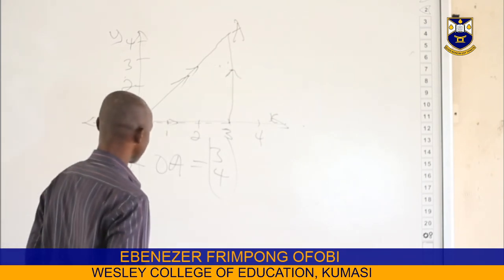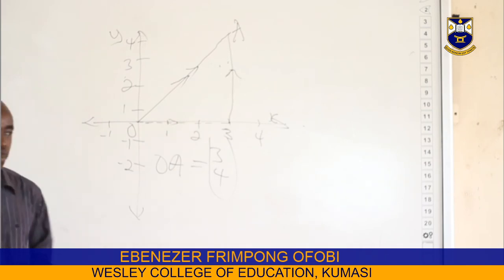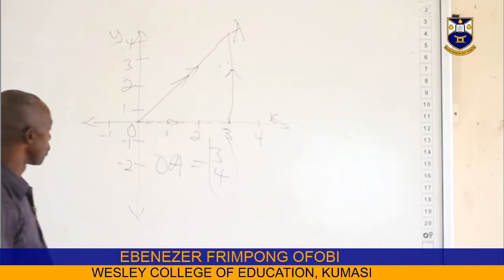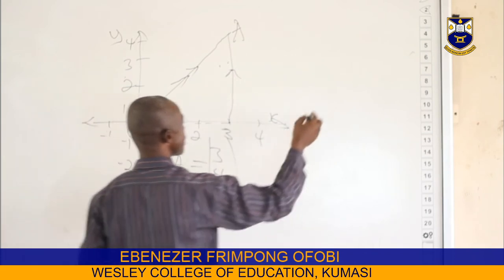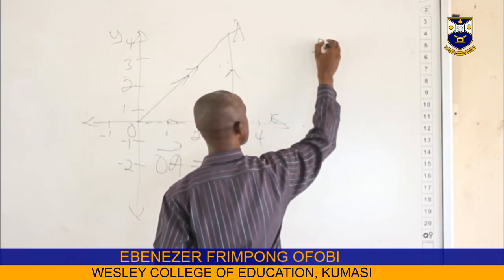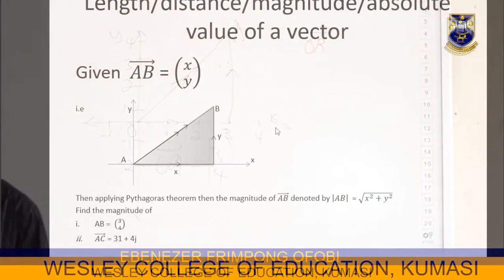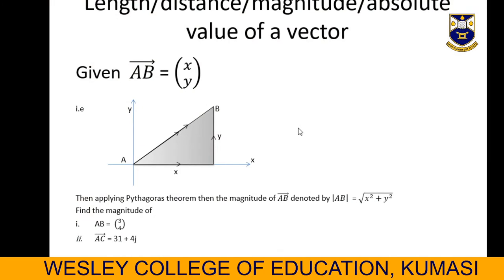Looking at the examples, I think it's quite easy to come up with your own examples. For example, if we are to give you a vector OR, let me give you the components as (-1, -3).